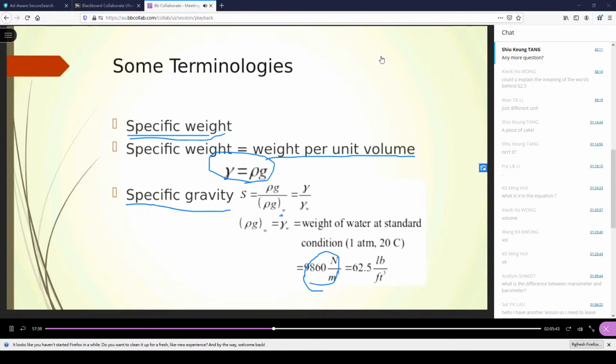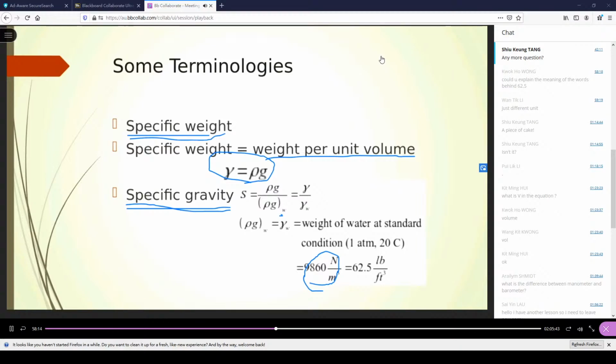So don't worry. Now I emphasize again, we reiterate again, why specific gravity is equal to relative density: if the g is constant. And in our course, g cannot vary, unless you go to Mars or a very high place, such as the top of the Himalayas where the atmospheric pressure is so low and the gravity is a little bit smaller.